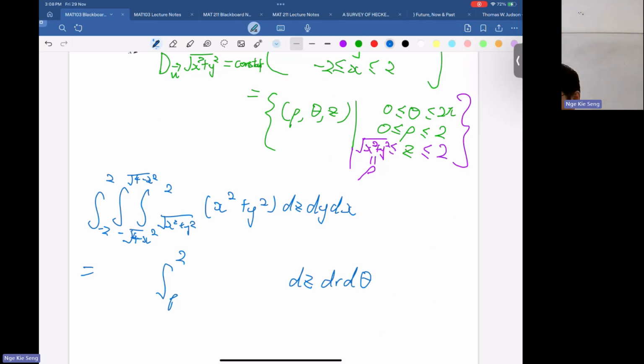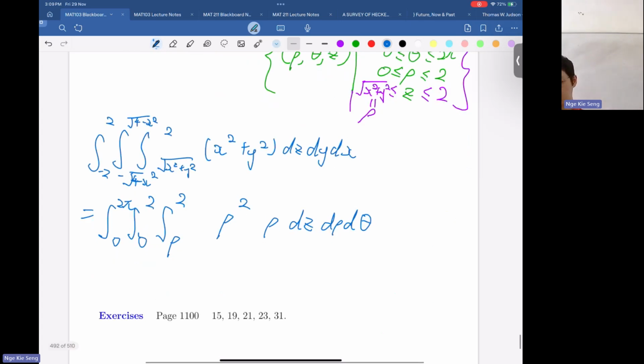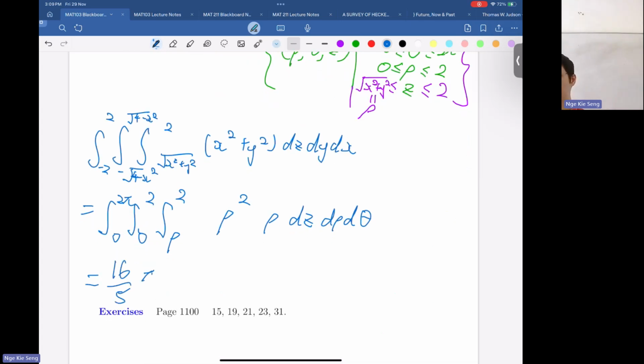And then we do dr, so r here is rho. Rho from 0 to 2, and theta from 0 to 2 pi. When we change these coordinates, there's an extra factor rho, similar to polar coordinates. And x squared plus y squared is just rho squared. If you integrate this, you should get 16 over 5.